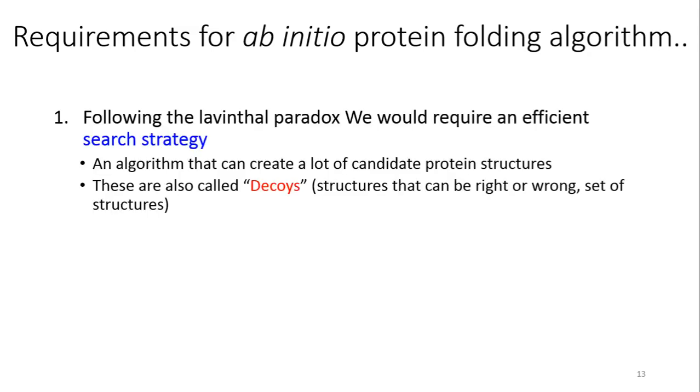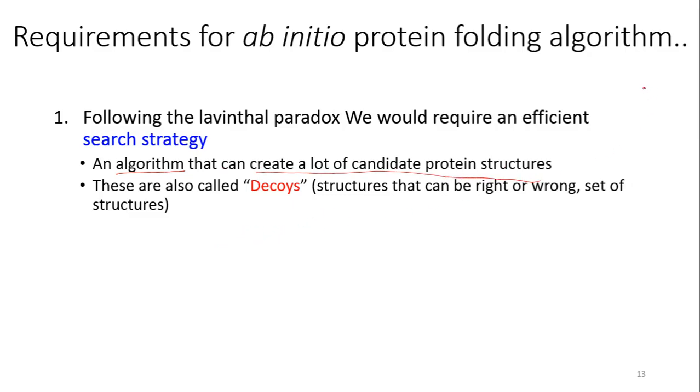So now if you want to follow the Levinthal paradox, we would require an efficient search strategy. We would need an algorithm, or a means, or a method that would create a lot of candidate protein structures.